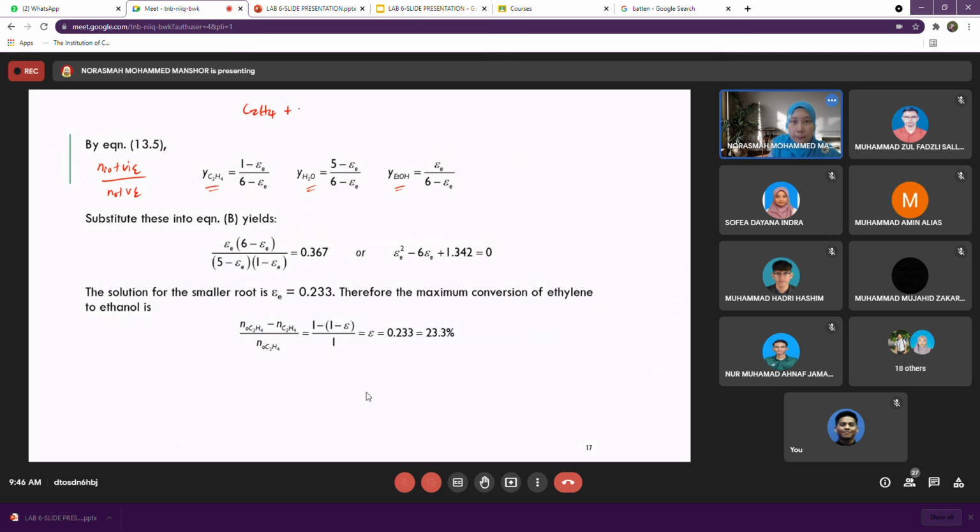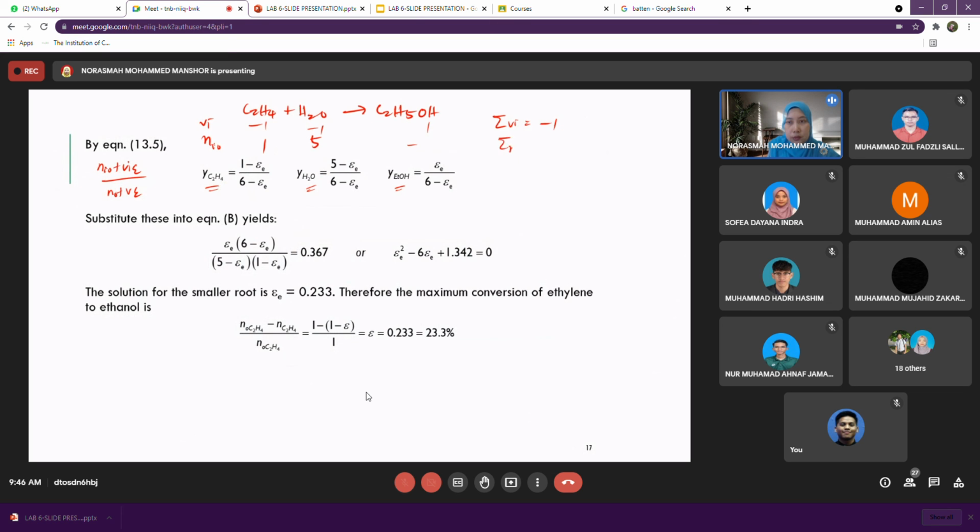C2H4 ... C2H5OH. Okay, the Vi negative 1, negative 1, 1. So summation Vi negative 1 kan. Okay, Ni0 initial mole dia bagi ratio of steam to ethylene is 5. So maksudnya 5, 1. Ni tak ada.